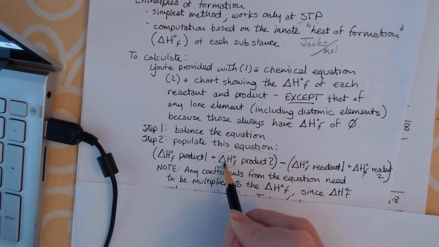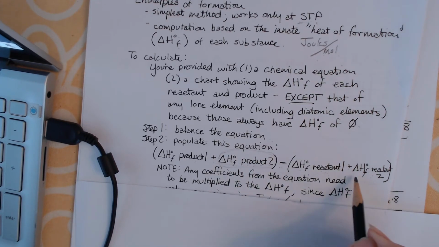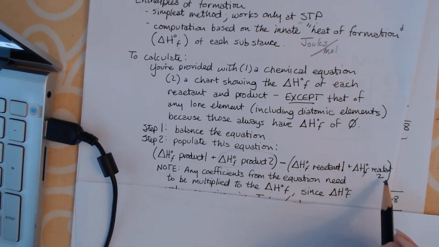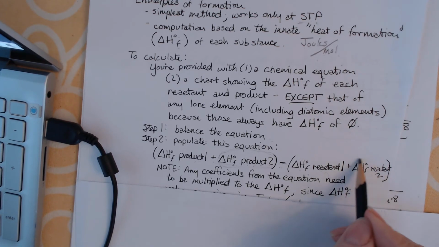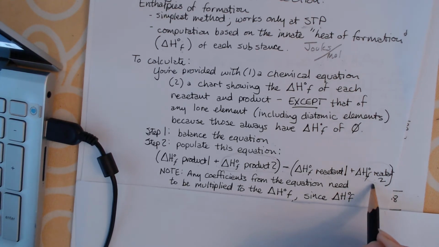So I need to take whatever my standard heat of formation is here and multiply it by 2. Maybe over here for this reactant, you had a coefficient of 3. You would need to multiply this standard heat of formation for that reactant by 3. Okay? So that's the only complexity that arises in this.